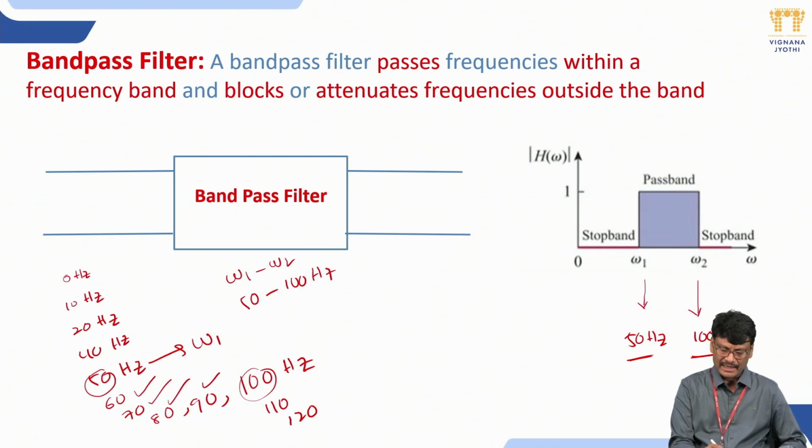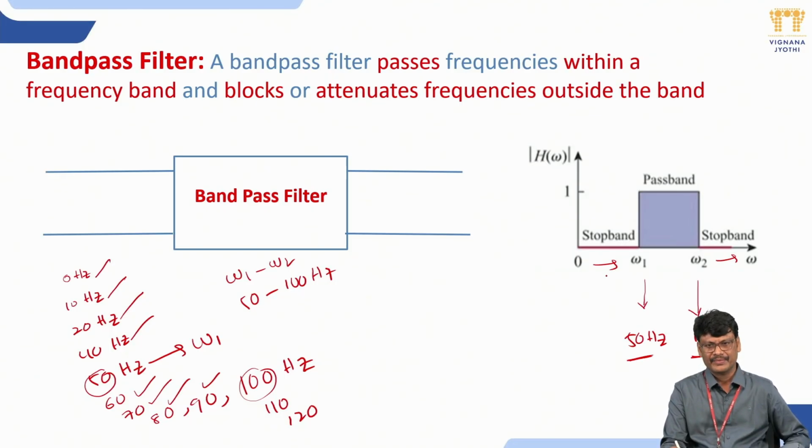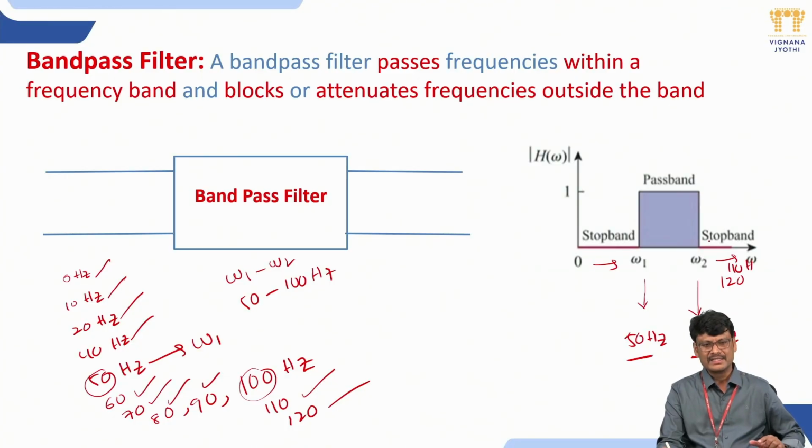The remaining signals are those less than omega 1 and greater than omega 2. That means it does not allow the 0 frequency signal, 10 hertz, 20 hertz and 40 hertz, because these are less than omega 1. Similarly, for greater than omega 2, the signals of 110 hertz and 120 hertz are rejected by this filter.